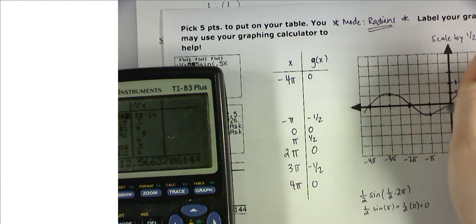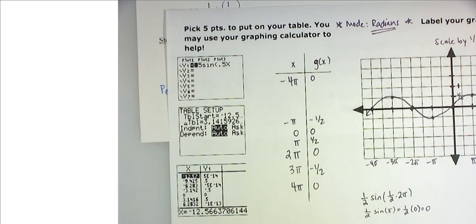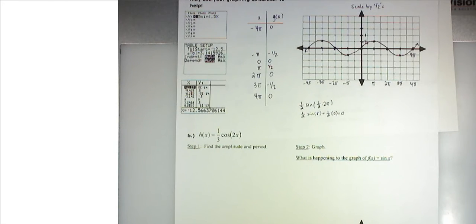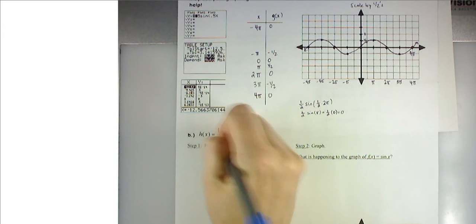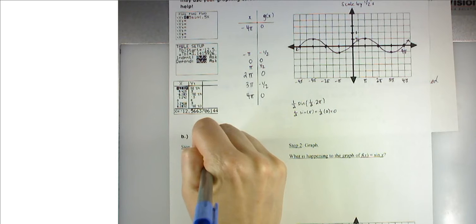All right, for B, we are going to do cosine. Okay, so find the amplitude and period. So remember the amplitude is multiplied by the trig function. So your amplitude is 1/3. Okay, and then the period equals 2 pi over B. And in this case, your B value is 2.